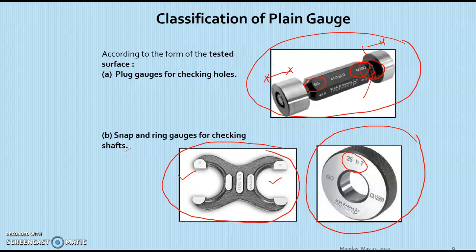Small h corresponds to the fundamental deviation for a shaft. This particular ring gauge is classified as a go ring gauge, so it will have a pair, a no go ring gauge, just like this one with a small change. The two are used together for checking the diameter of a shaft.